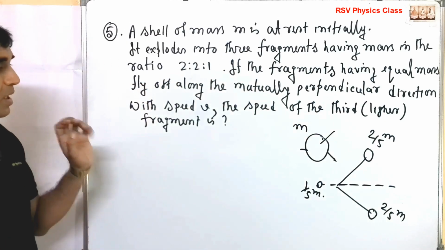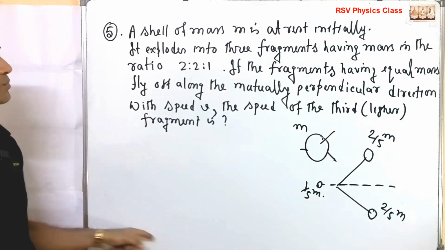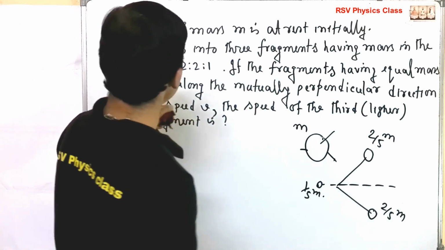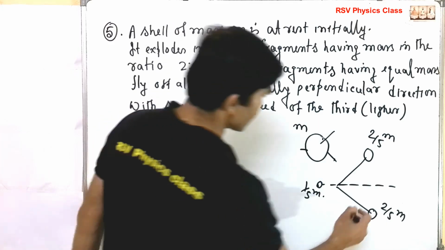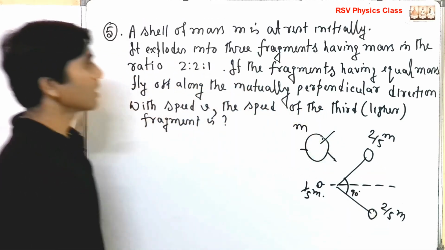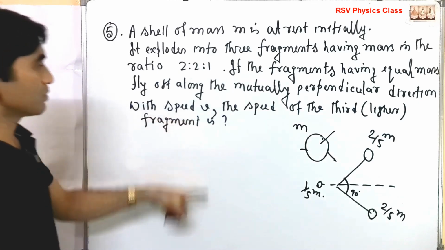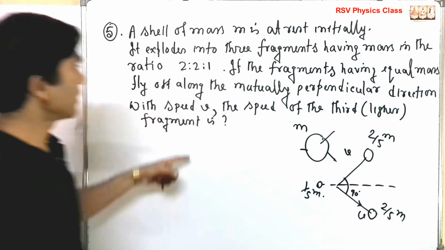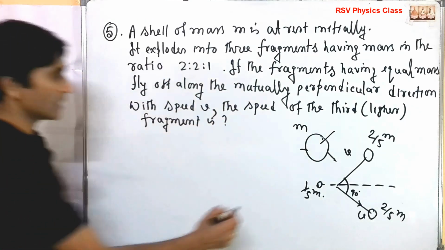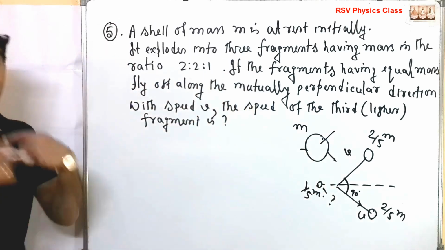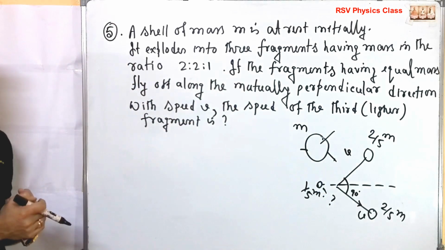Okay, this mass. Now these fragments of equal mass fly off along mutually perpendicular directions. So this is 90 degrees. Okay, and the speed is v, and this is also v. Now the speed of the third one, this lighter particle of mass 1 by 5 m, what will its speed be and in which direction, you have to calculate.